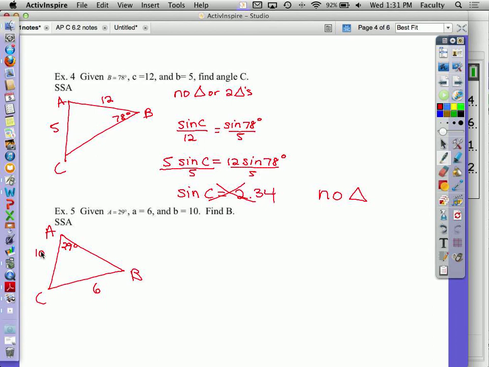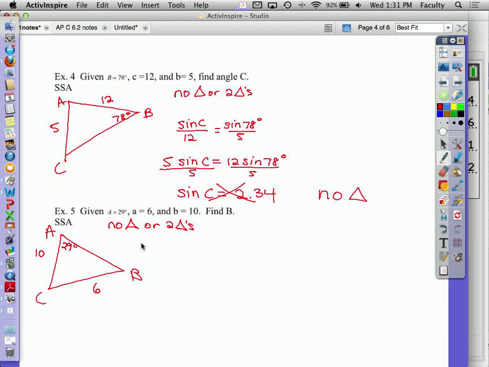If it's side-side-angle, that's the only one you have to be concerned with. If it's angle-side-angle or angle-angle-side, it's one unique triangle every time. I'm going to explain why we have to be careful with side-side-angle. The missing angle's larger, so it's no triangle or 2 triangles. You don't know until you start working it which one it is.